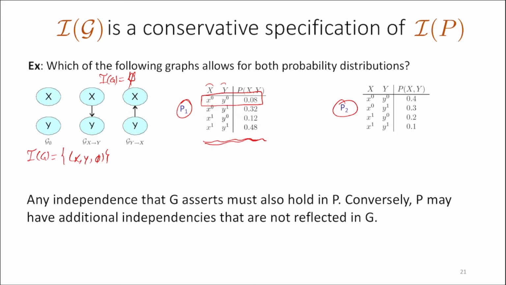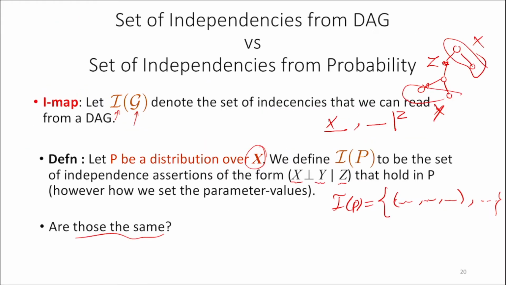If you stare at these values for a second, you will probably realize that this one shows an independent probability distribution. This specific instantiation is representing p(x)p(y), while the other one does not have any specific configuration or factorization.